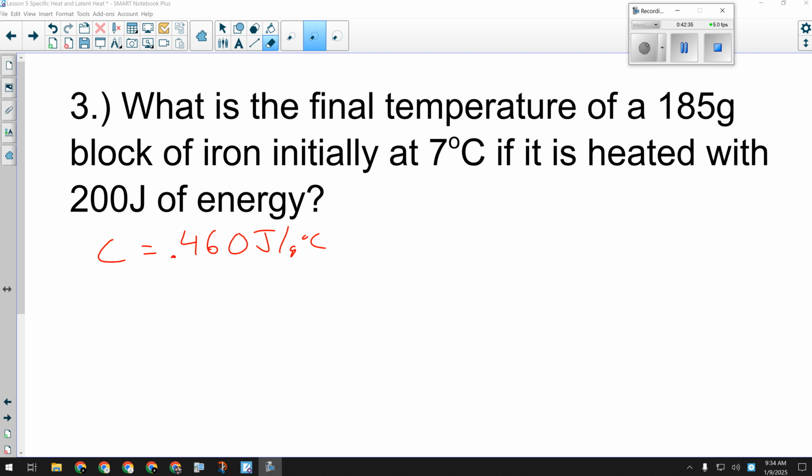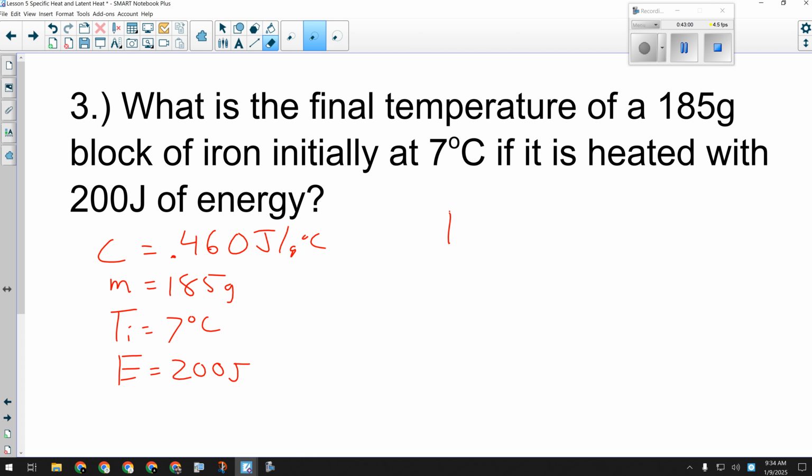We know that iron has a specific heat capacity of 0.460, typical of a metal, a very low heat capacity. It's going to heat up very fast. We have a mass of 185 grams, the initial temperature is 7 degrees Celsius, and there are 200 joules of thermal energy being used here.